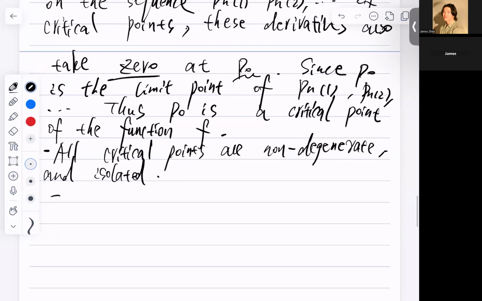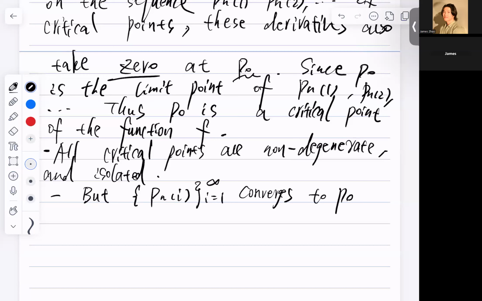But then our subsequence here converges to P naught, right?